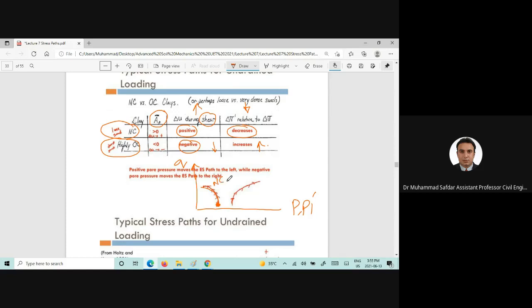So this would be for normally consolidated clays or loose sands, and this will be equal to the dense sands or over consolidated clays.